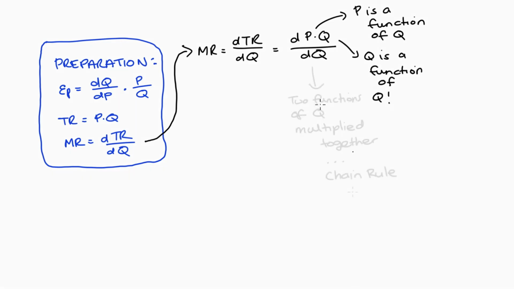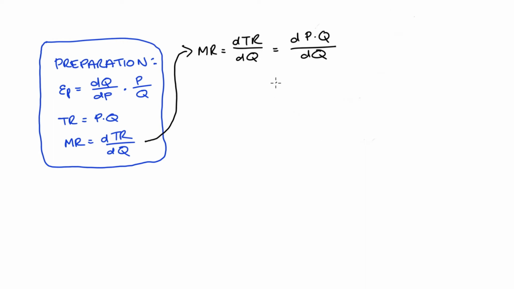This means that in order to take the derivative of this multiplication, I'm going to need to use the chain rule. To use the chain rule, we're going to take the derivative of our first function with respect to quantity. So our first function is price here, so dp dq, and we multiply it by the second function, which is just q.